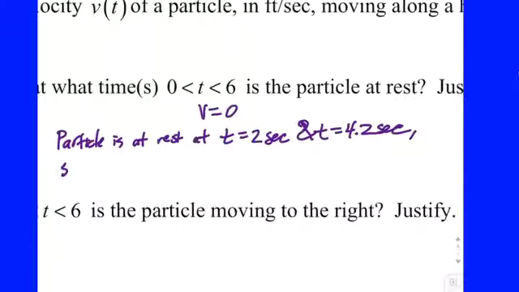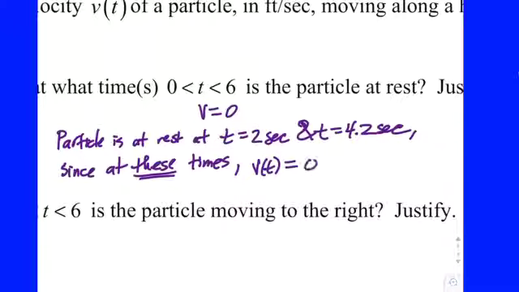And then you could justify by saying, since at these times, and that's a judicious use of a pronoun, the antecedents are clearly defined, since at these times, comma, v of t equals 0. Or you could say since v of 1 equals 0 and v of 4.2 equals 0. Either way, right? They both kind of say the same thing.